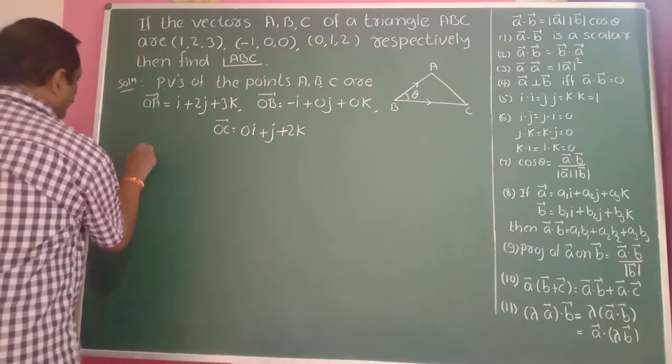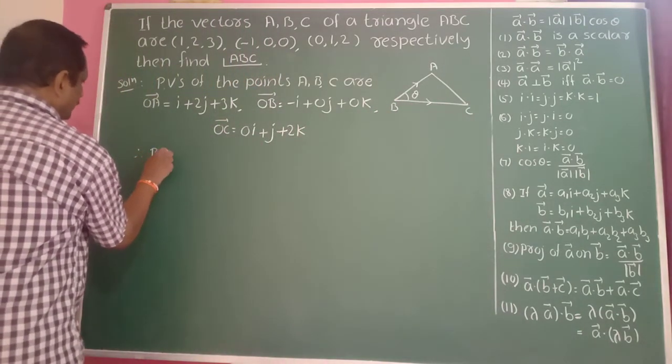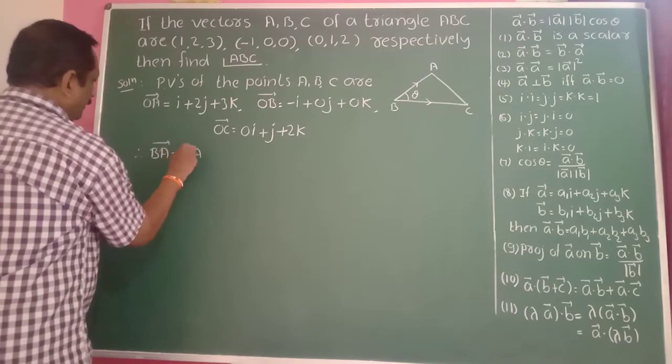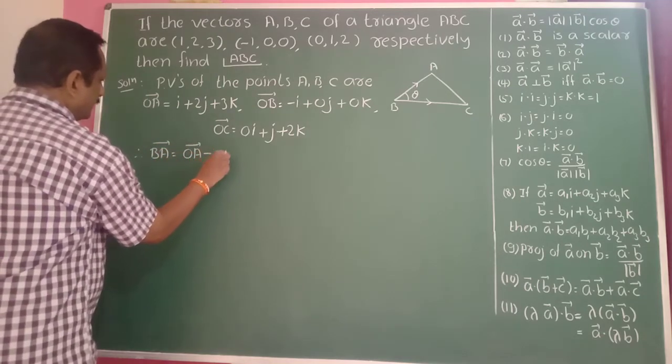Therefore, the vector BA is equal to OA minus the vector OB.